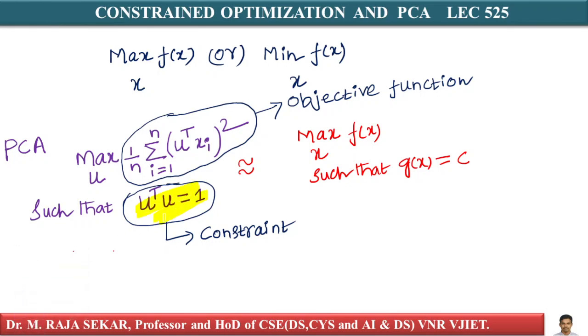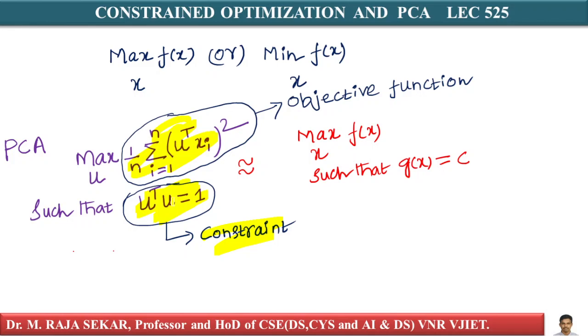This u transpose u equal to 1 is called a constraint, because you are saying that you want to maximize this objective such that u transpose u equal to 1.